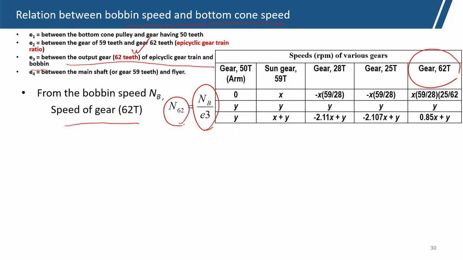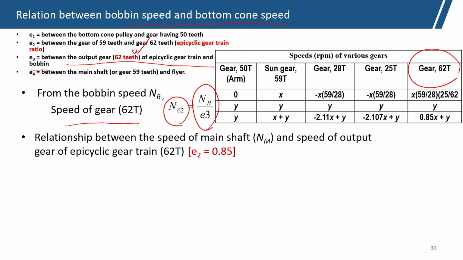Now, the relationship between the speed of the main shaft, that is the speed of the sun gear, and the output gear 62: E2, the epicyclic gear ratio, is 0.85.